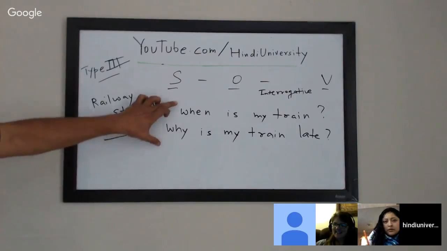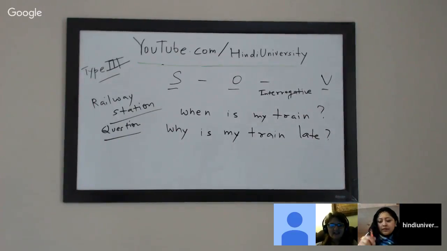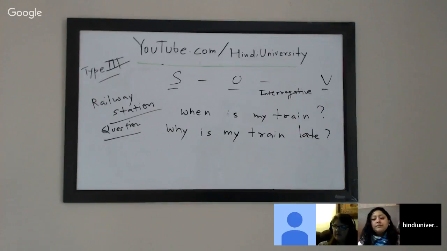How will you say these two sentences? I'm going to give everyone the opportunity so we don't jump to the answers. I want everyone to write it down, don't look at anybody else's answers, just focus on your own. I want to really see whether you can complain correctly or not. First one is when is my train, and the second one is why is my train late.